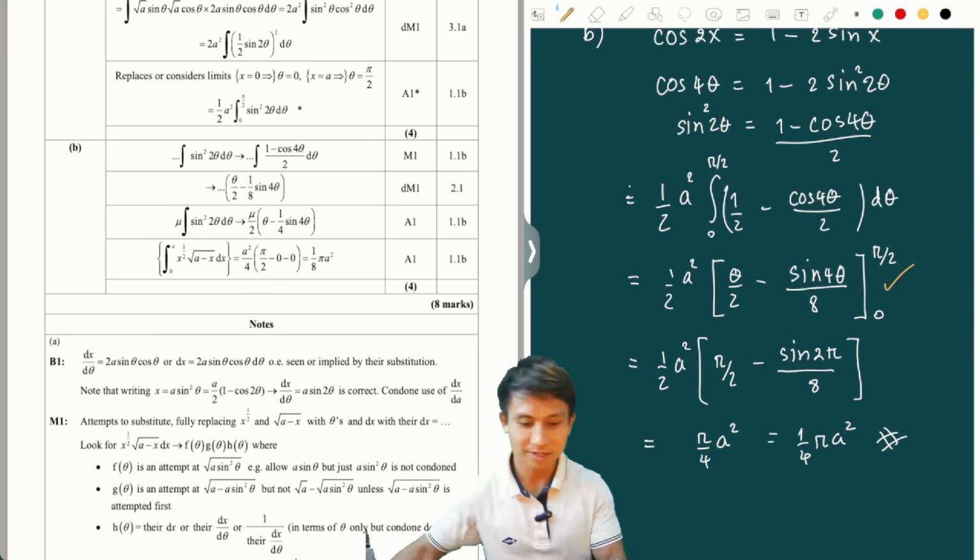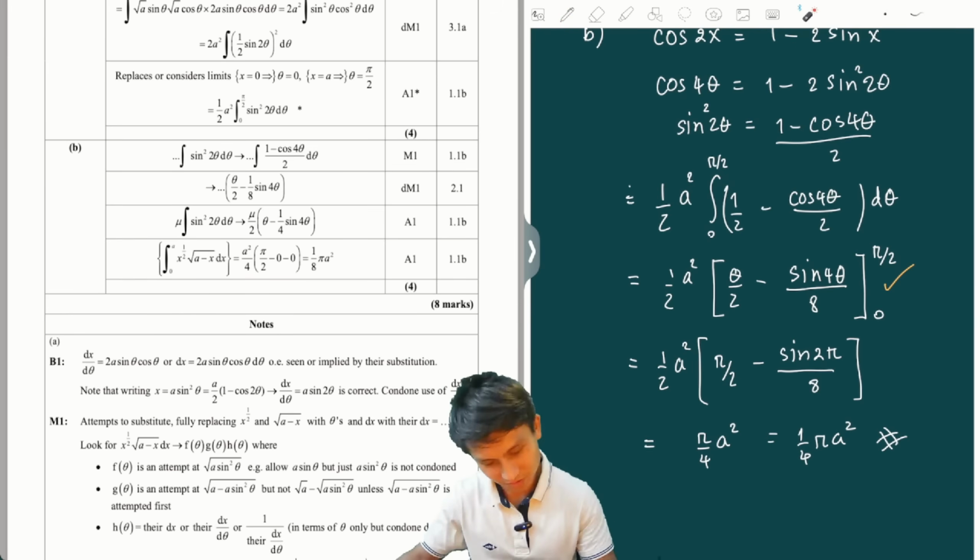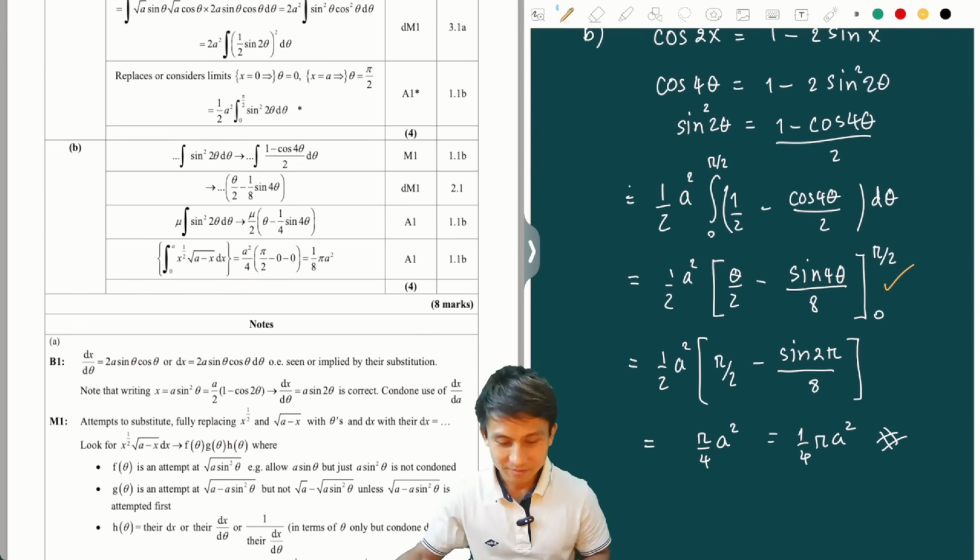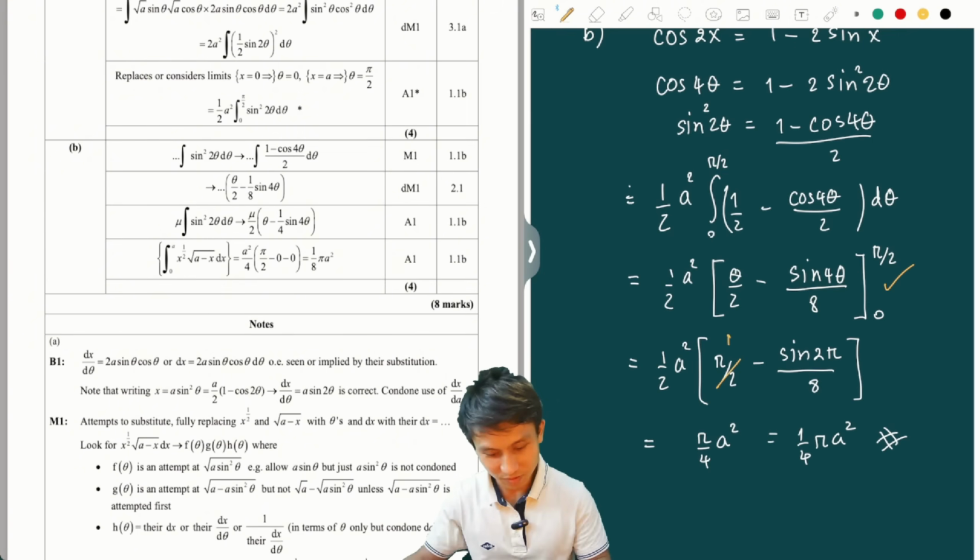Oh, right. Substituting pi over 2 in here, I should get pi over 4. So this should be pi over 4. Yeah, alright.